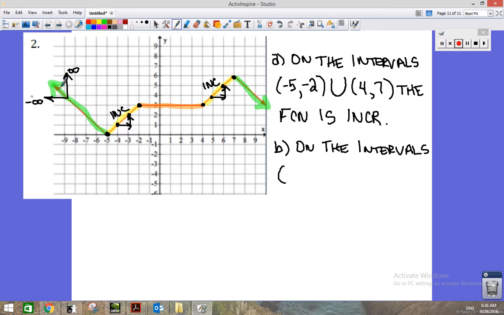So as I trace the graph from left to right, I'm coming in, hitting an arrow, so we say from negative infinity all the way to the x-coordinate where it changes from decreasing to increasing. That happens when x is negative 5.